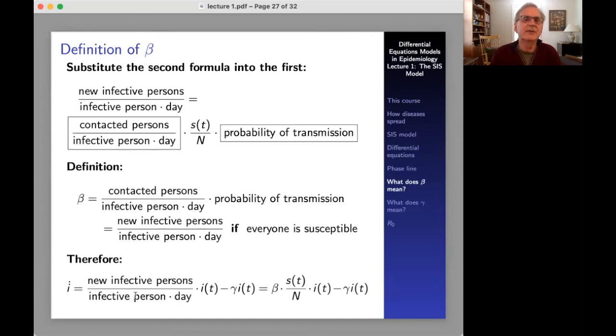But that's just how many one infective person is causing. We have to multiply by the number of infectives, because they're all doing this, right? And that would be I dot, the new infective persons per day, except that we also have to subtract the rate at which infectives are getting cured and moving back to the susceptible population. And we'll use our old friend gamma for that, minus gamma I.